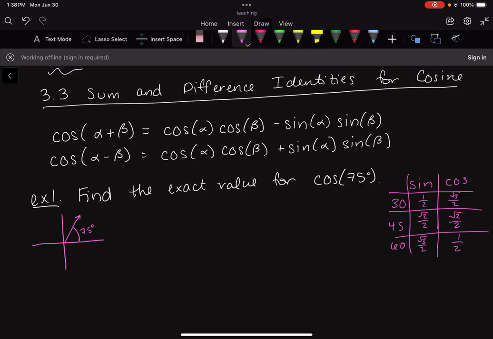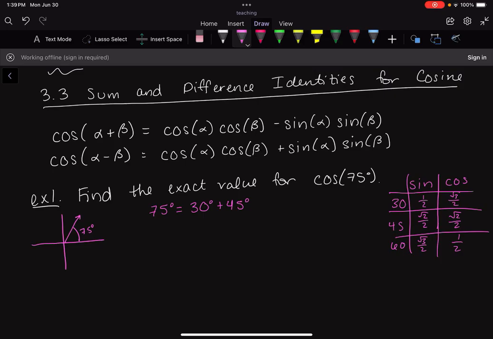That's why we can use these identities. So if we think of two angles that could add up to 75 degrees, potentially being 30, 45, or 60, some combination of those, we can use the identity. So 75 degrees is equal to 30 degrees plus 45 degrees.